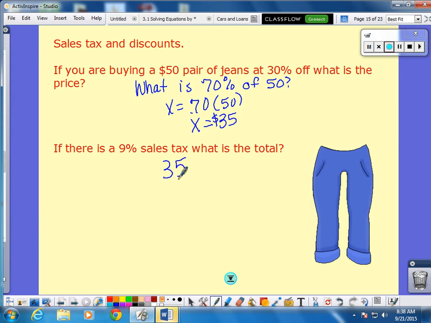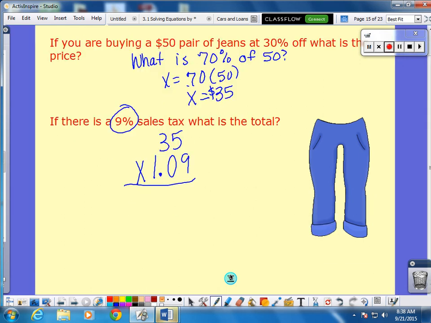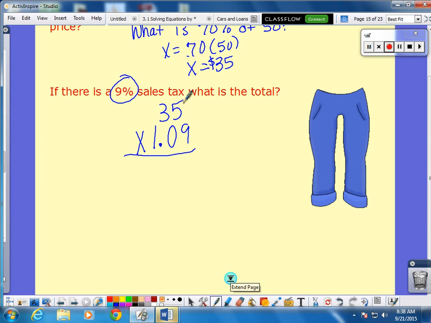All right, so $35 at 9% sales tax. Let me show you a shortcut for sales tax. I could multiply by .09, get the tax, and add it back, but here's a shortcut. If you multiply by $1 and then my 9 cents, you won't have to go back and add. That one's going to add the 35 in there for you. So it saves a step. So what's 35 times 1.09?